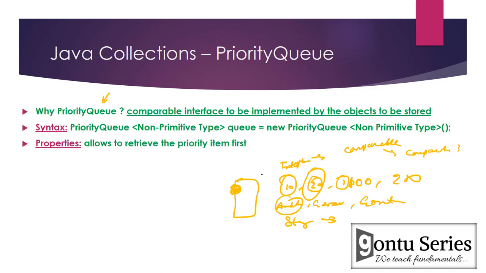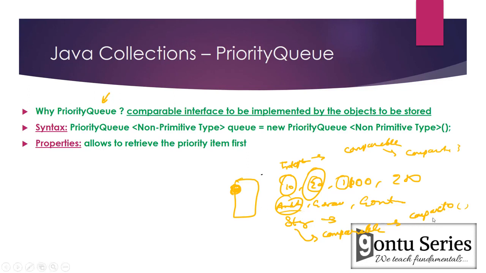It will know because the String class, whatever JDK has provided, has already implemented the Comparable interface, and in its compareTo method it has written the logic for how these two objects can be compared. So it has written the logic that Ankush is smaller than Gaurav.